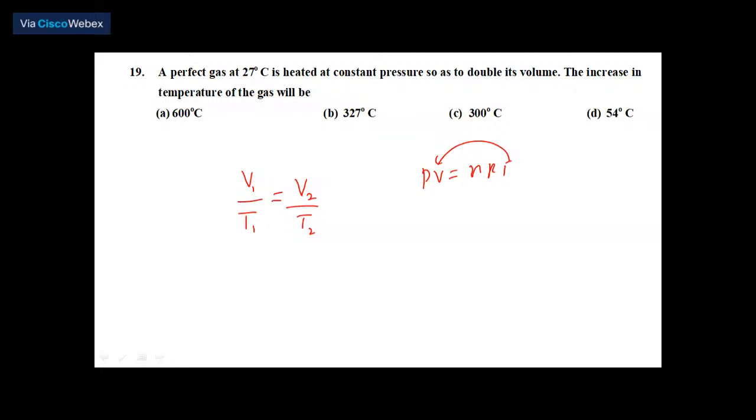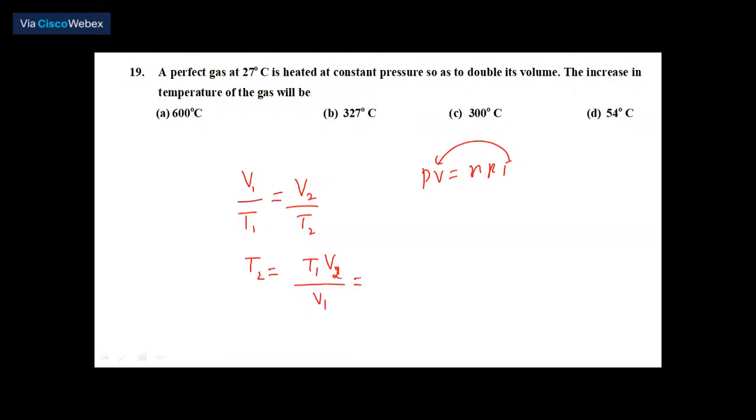What is it that we have to find out? The increase in temperature of the gas. First, let us find out 600. Somebody has given 600. We'll verify. Find out the new temperature. New temperature T2 is equal to T1 V2 divided by V1.